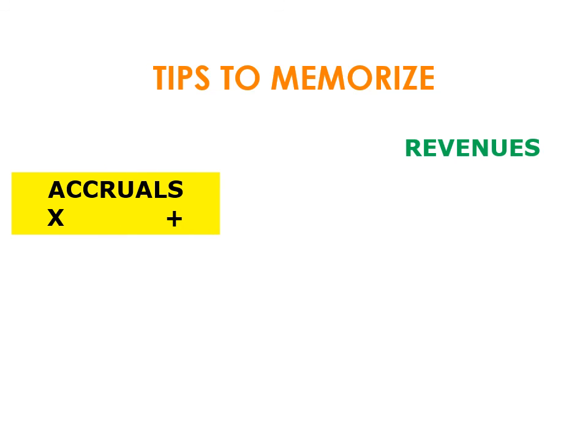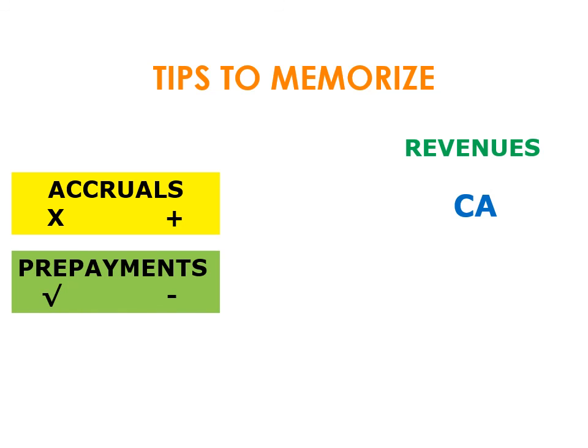So accruals in revenue, something that you have not received yet. You will recognize that it is our money, but we haven't received it yet. So it must be recorded as current asset. However, for prepayments, something that you already received but not yours for this year, you will record as current liability.